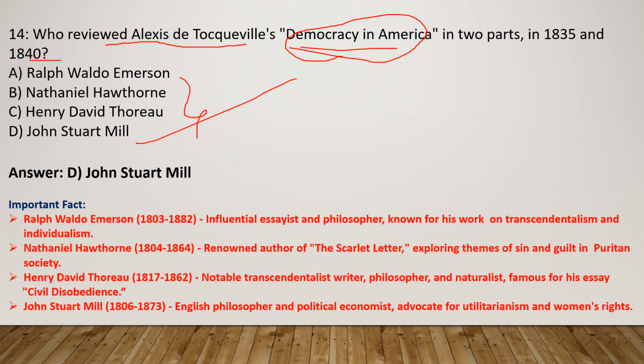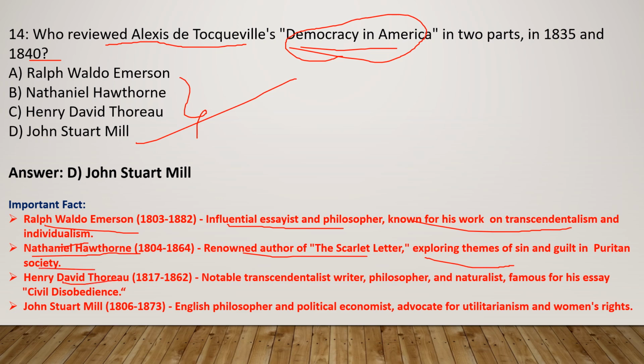Let us know some important facts about these thinkers because these thinkers are also very important from an exam perspective. Ralph Waldo Emerson, influential essayist and philosopher known for his work on transcendentalism and individualism. Nathaniel Hawthorne, renowned author of The Scarlet Letter, exploring themes of sin and guilt in Puritan society.